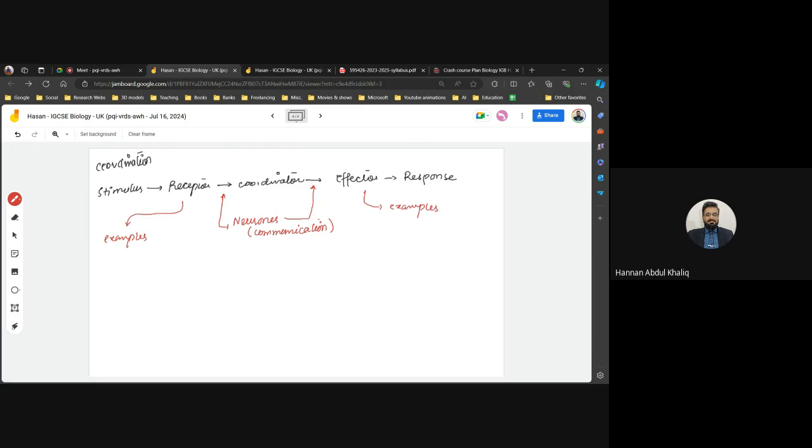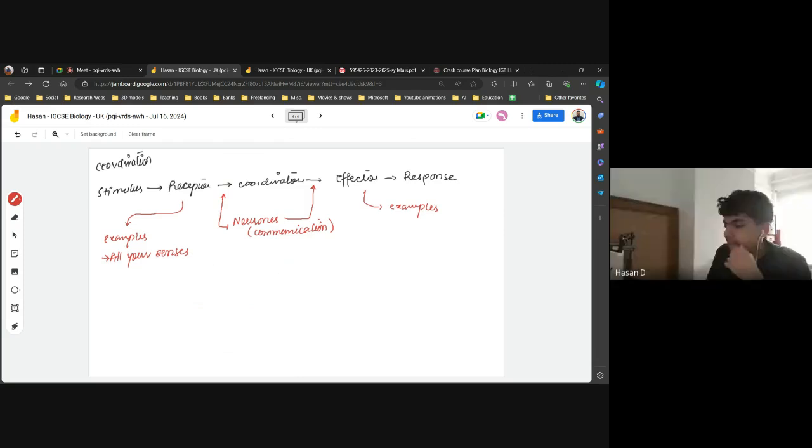Remember that the receptors are all your senses. What are our senses? Taste, smell, hearing, seeing, feeling, touch.